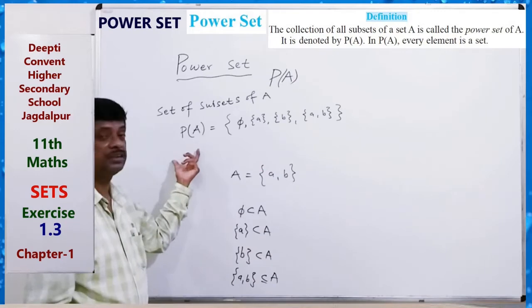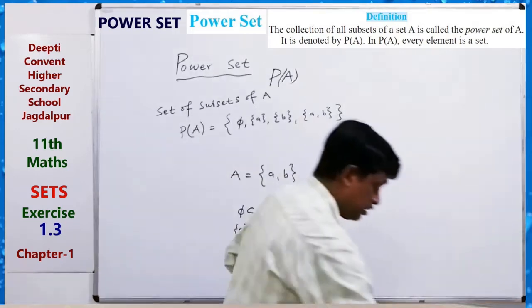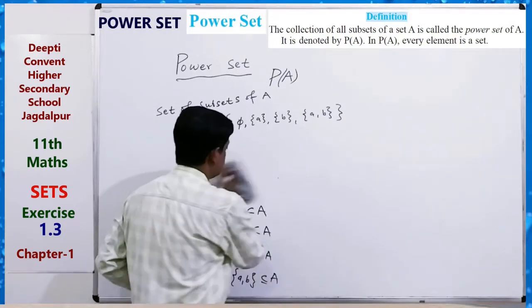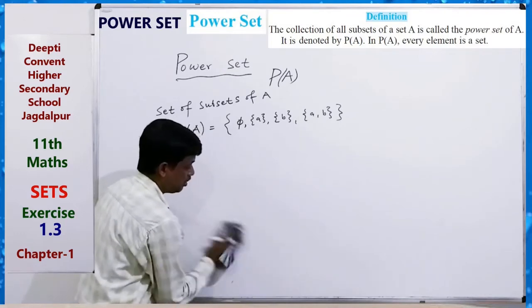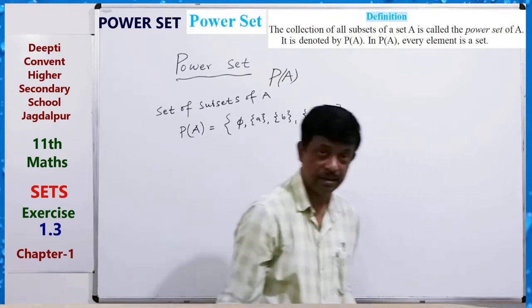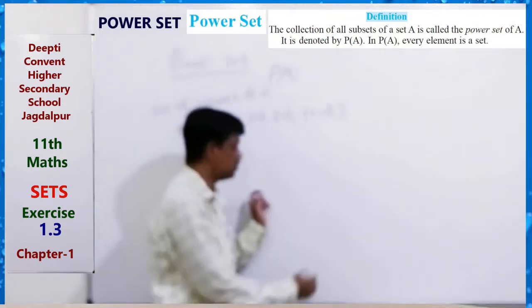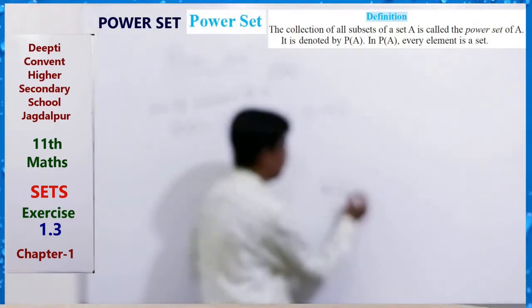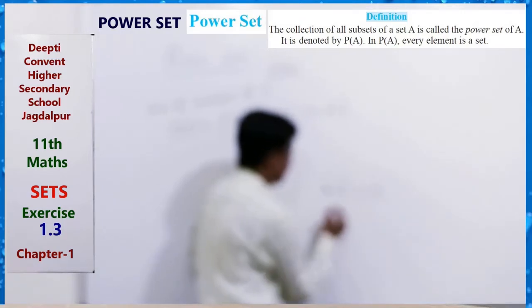That is the power set. Okay. So here we see that, and also there is some notation for denoting. We know a set is finite or infinite. If a set is finite, suppose A contains 3 elements, 1, 2, 3.